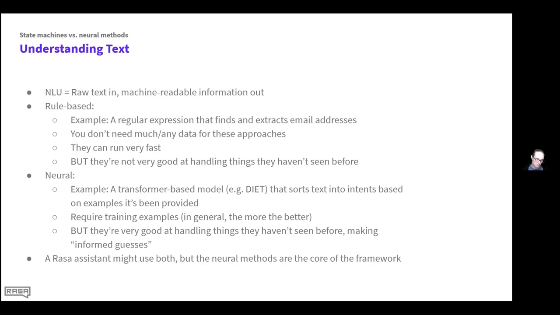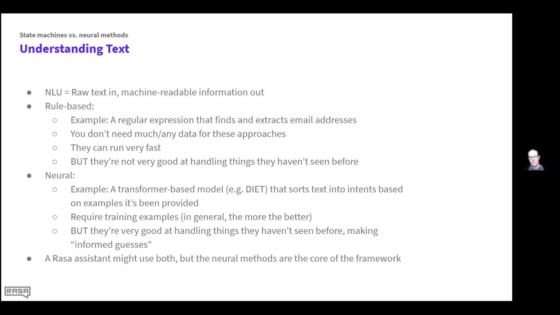So, benefits and drawbacks. On the neural side, you could do something like using a transformer-based model. So we've developed one called DIET, which is a multitask architecture that does both intent recognition, trying to figure out what's the general class of the thing the person said, and entity recognition, picking out mentions of specific named entities from the text and extracting them.